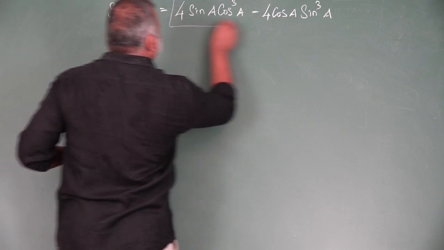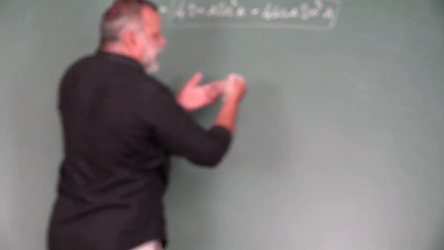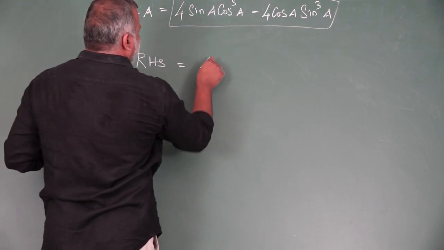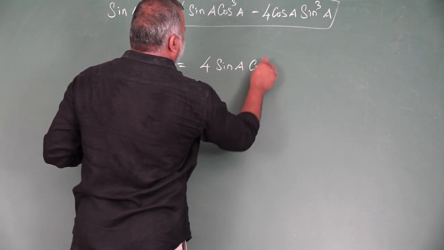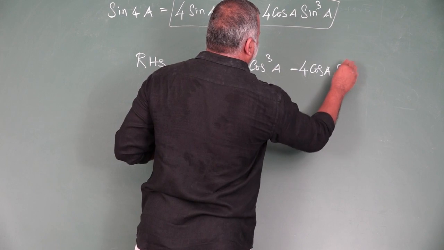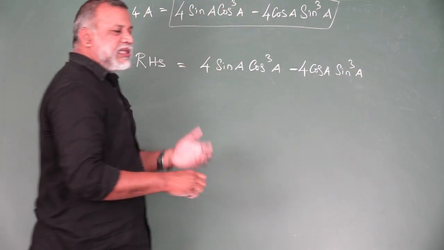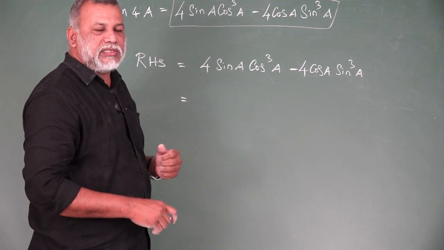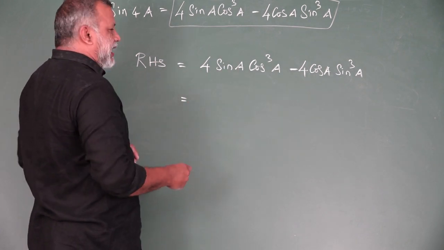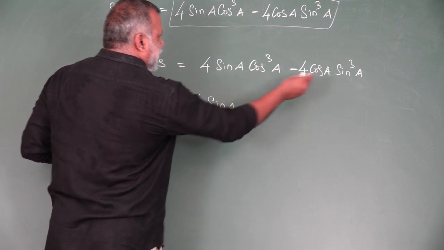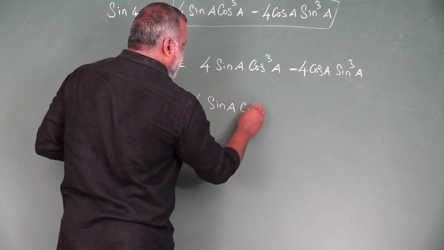See this RHS, it has many identities, so we can take the RHS first. In your RHS, 4 sine A cos cube A minus 4 cos A sine cube A, take out the common terms. 4 is common, then sine A is common, and cos A is also common.